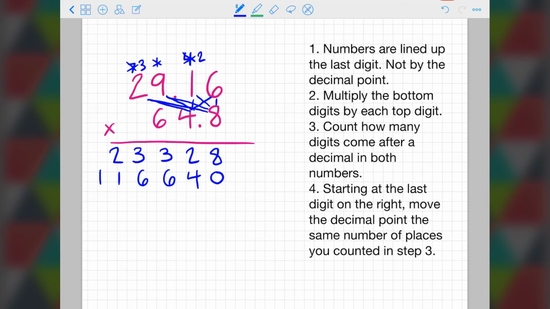Okay, now this time I have a third digit over here. I have a 6 on the bottom that I still need to multiply. And you do not need to draw all these lines in between the numbers if you don't want to. Sometimes it helps keep track of what you've already done, but if you don't want to do that, you don't have to.